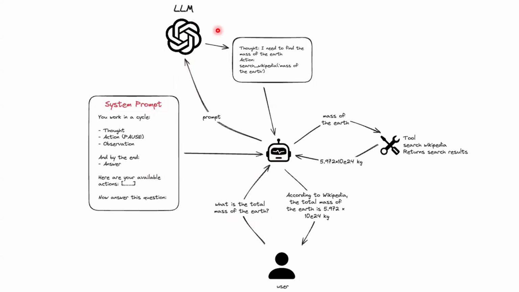Your LLM will say, okay, my thought is that I need to find out the mass of the Earth. Now, what action do I need to take? It will see these are the available actions. It will choose search_wikipedia as the action, because this action is useful for getting the mass. It will send the response back.